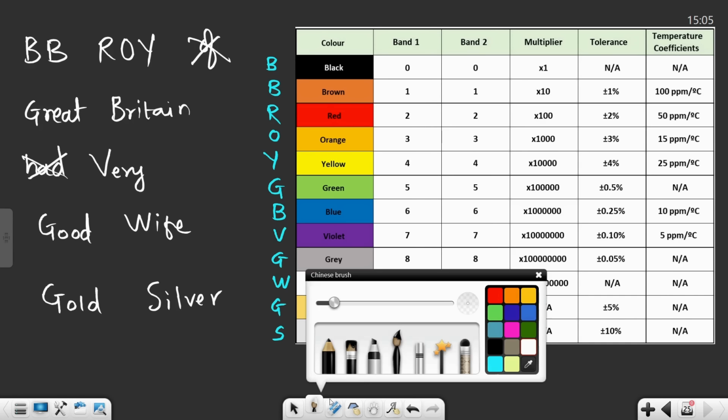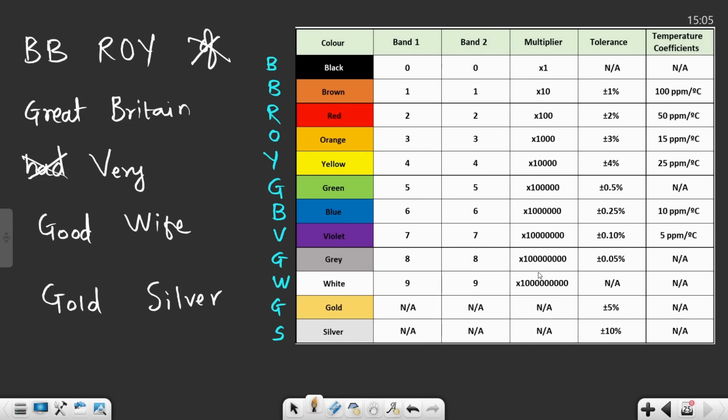And with this you can remember these terms. So B means black, right? So BB: black, brown, red, orange, yellow. G means green, B means blue once again, V means violet, G means gray, W means white, G means gold, and S means silver. So if you want to remember this particular table, you can remember it in this way.